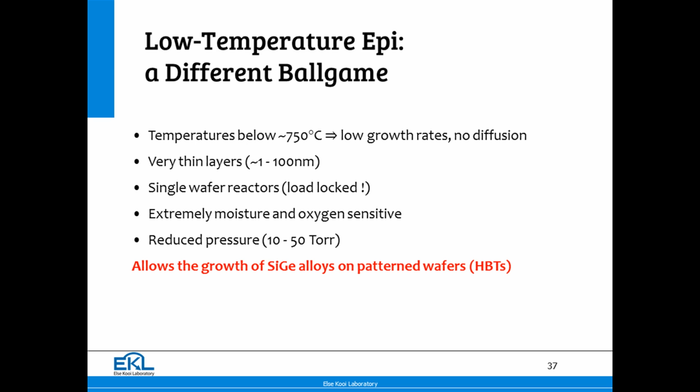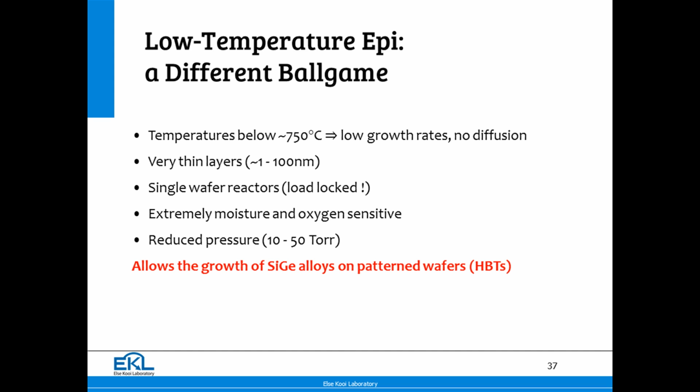And it is, like I said, very different from conventional epi. We are in the kinetically controlled growth mode now, low growth rates, no diffusion, very thin layers, single wafer reactors, extremely, because we shifted the problem. The problem we originally had in the 60s, already at 1150 degrees, was high moisture content.